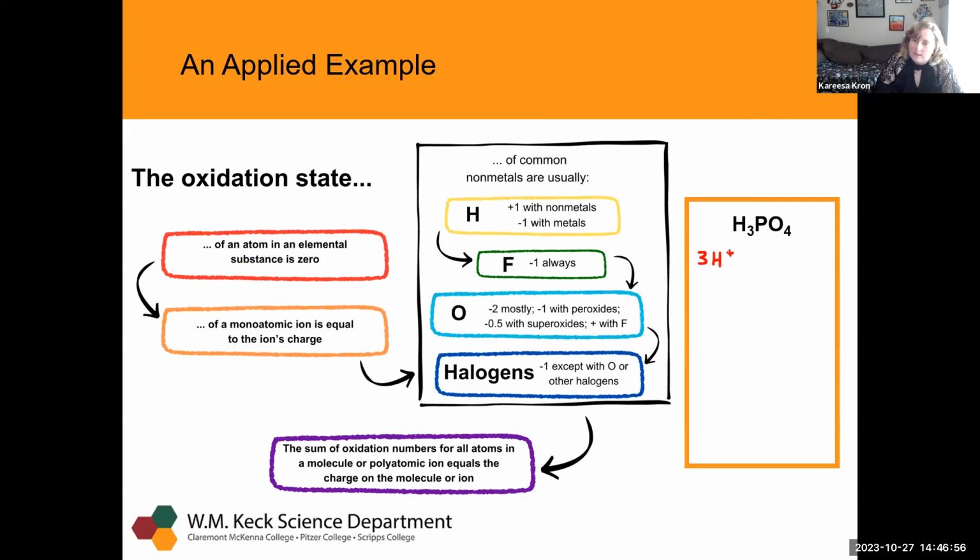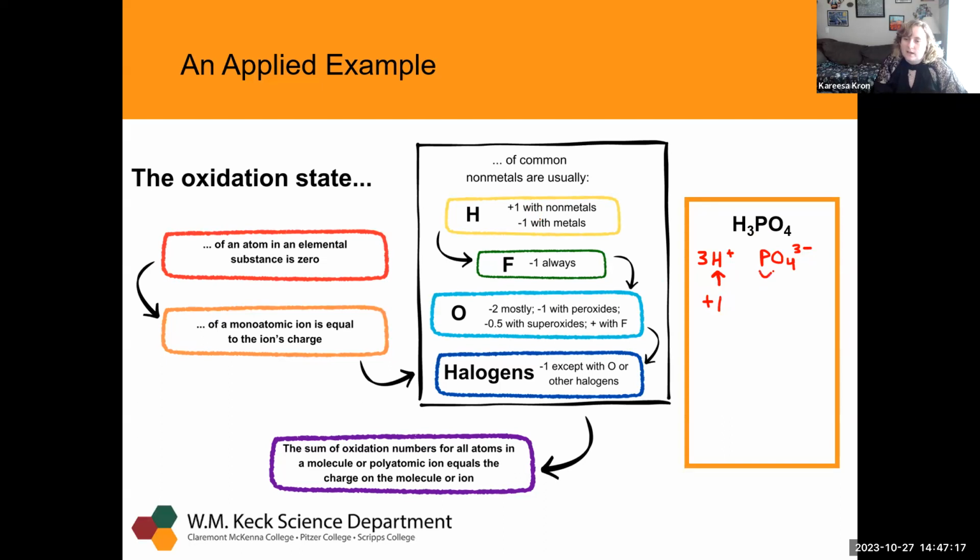And we can have 3H+ and PO4 3-. So this can be our sort of first guess. And so then our H+, like we might anticipate, is going to have an oxidation state of 1+.